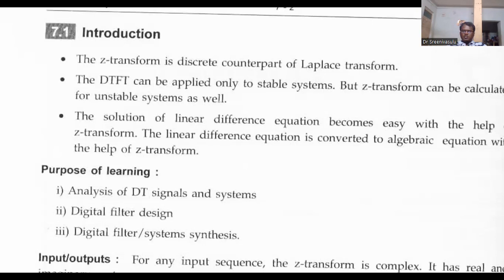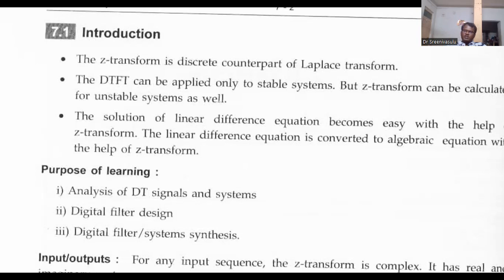The second thing is, in the time domain, for continuous time we call them differential equations, but here they are difference equations. If we want to solve difference equations, we can easily solve them by using this Z transform. The main purpose of learning the Z transform is the analysis of discrete time signals and systems.